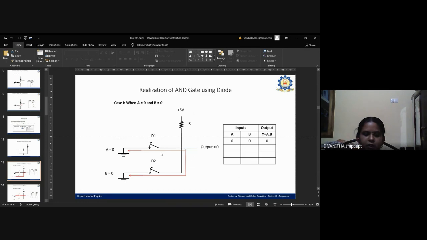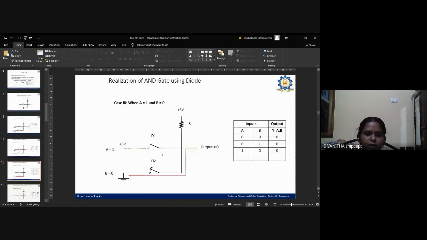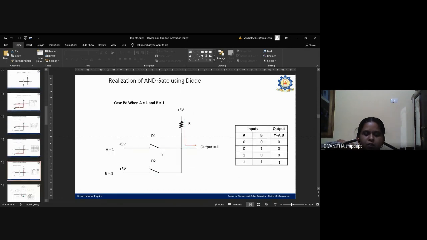Then if both the inputs are 1, the two diodes are reverse biased and no current is passed through the diode. Therefore the output is logic 1, because there is no voltage drop across the resistor R.